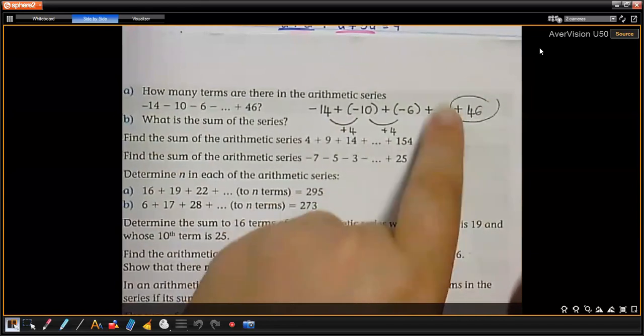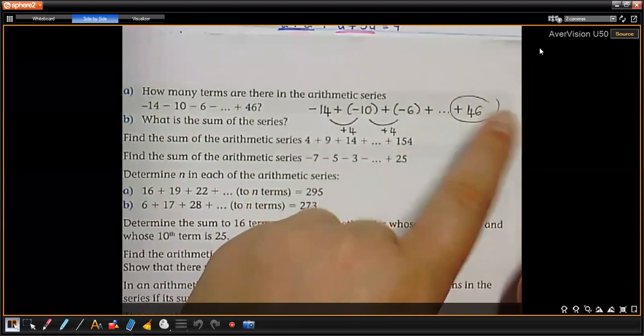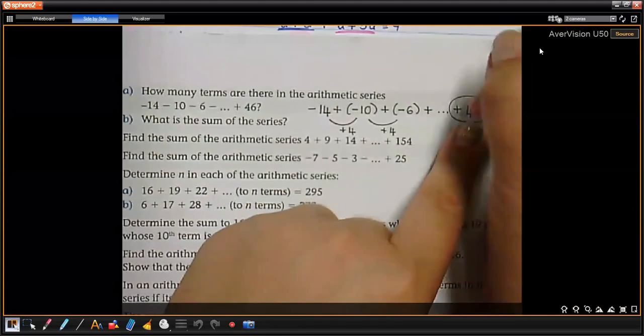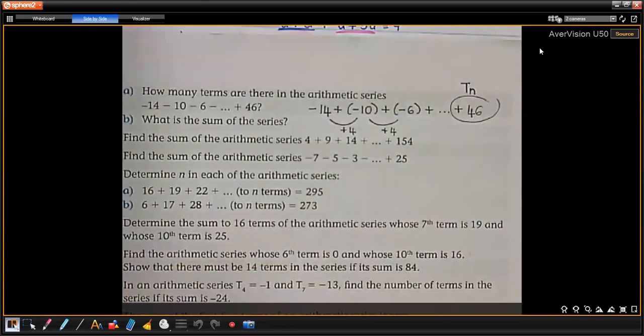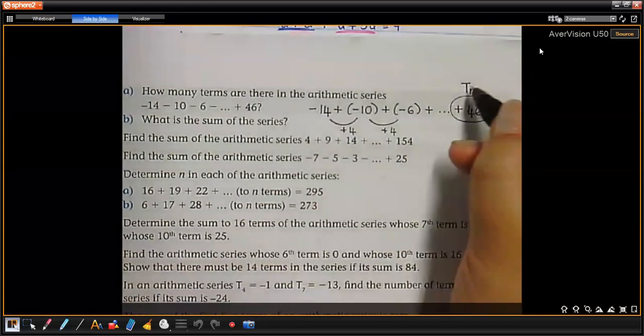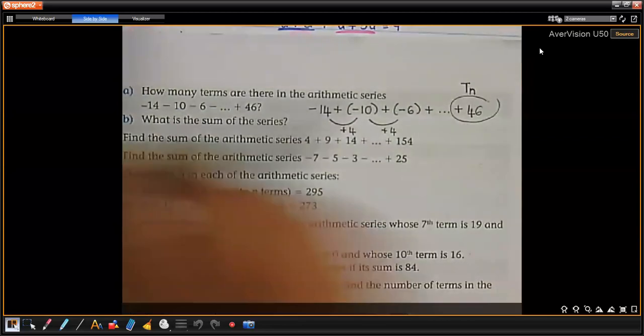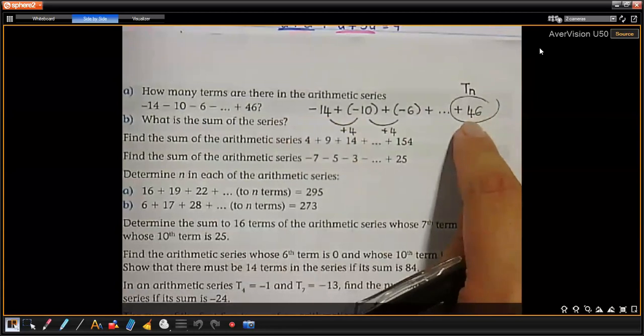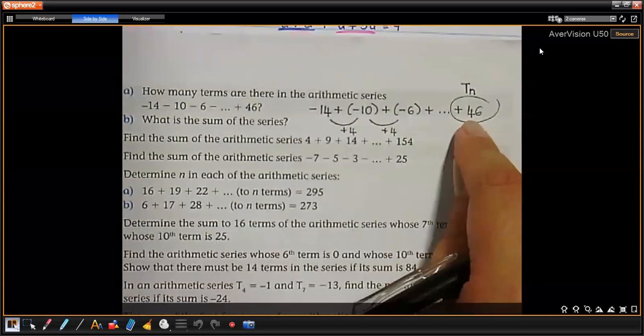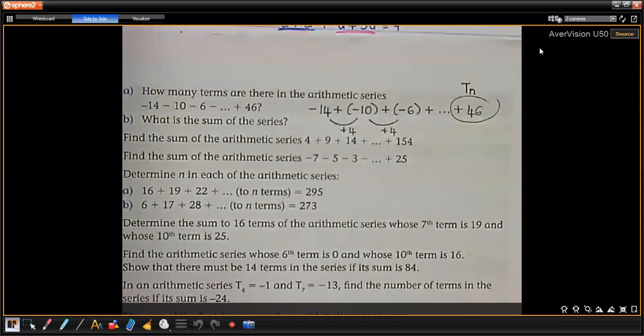Do we agree that this is not a sum? 46 is not the sum of the series, right? So we can't make this equal to Sn. We're going to make this equal to term n, because it is a term in the number pattern. We're going to calculate what n is. Say n is 12. Then how many numbers are in that number pattern? If the last term is term 12, then there are 12 terms.